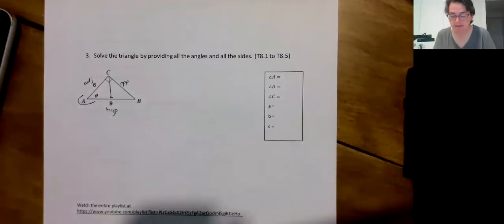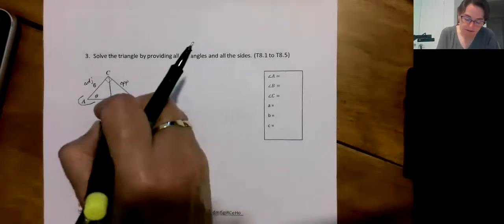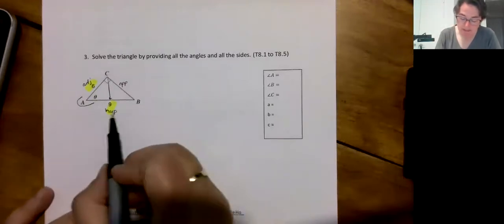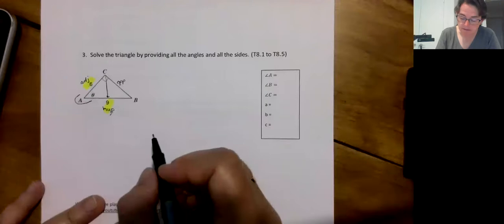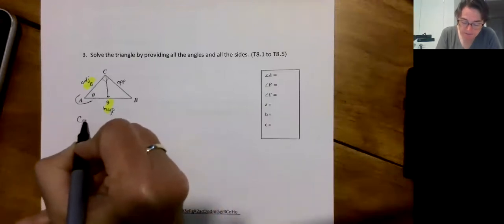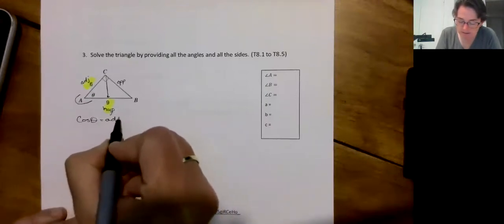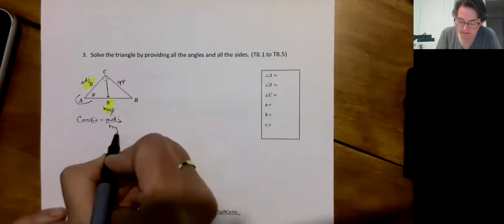I think we can start here. Let's find angle A first. And we have hypotenuse and adjacent, so that's going to be cosine. Cosine theta is adjacent over hypotenuse.